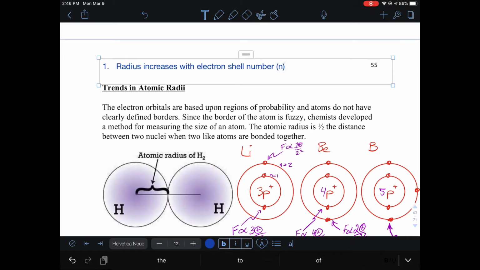So the higher the n, if you're comparing two elements, always check these things. If you're comparing two elements, the larger the shell, the bigger the element. So if you can work out the electron configuration, the larger the shell number, the larger the n number, the bigger the element.